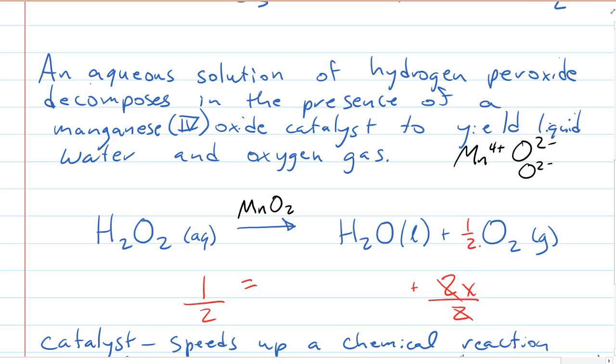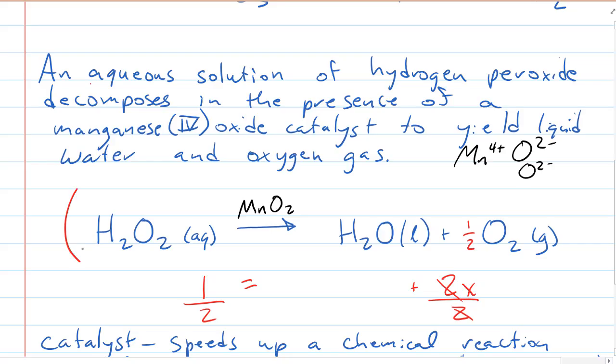Now you might have been able to reason this a different way. If you're already looking at this and you say there's already too many oxygens on the right hand side, we only wanted 2 on each side, then right away you'd say, well, I need to put in some sort of fraction there, and you probably should have been able to guess a fraction of 1/2 is right. Because of course 1/2 times 2 is 1, and 1 plus 1 gives us 2, which matches on each side.